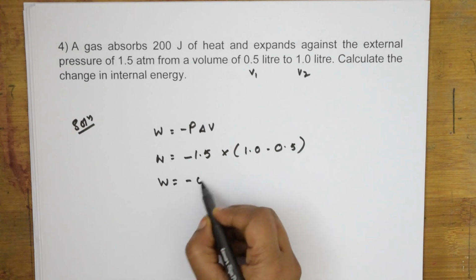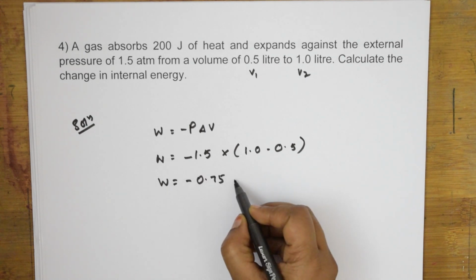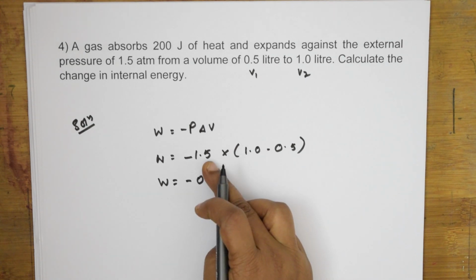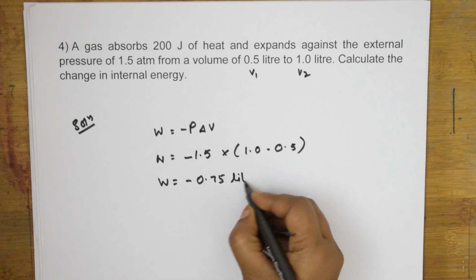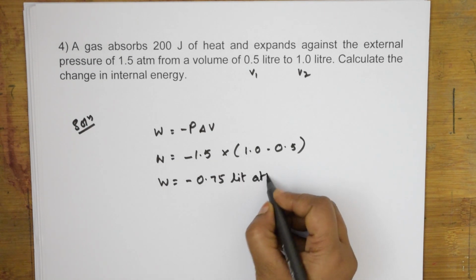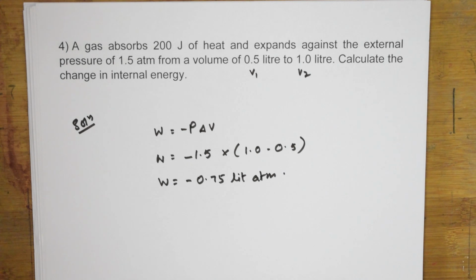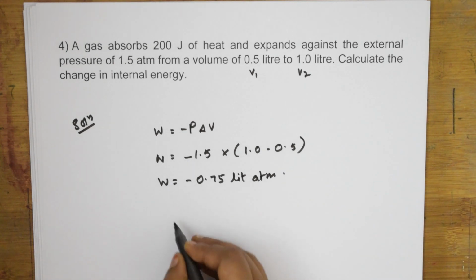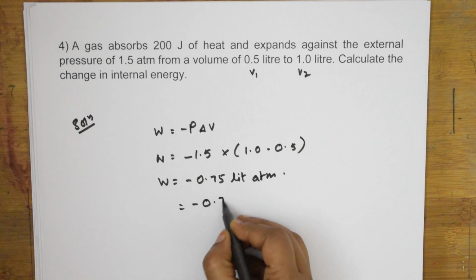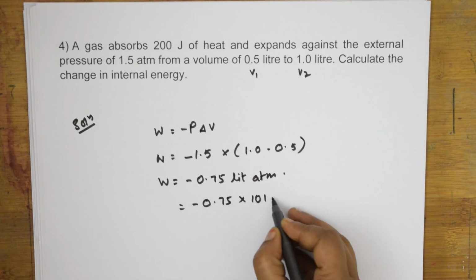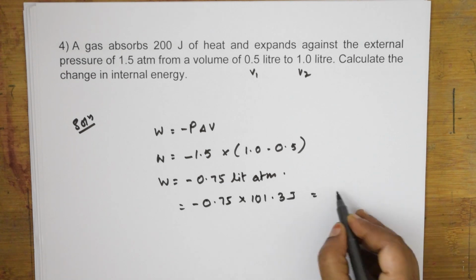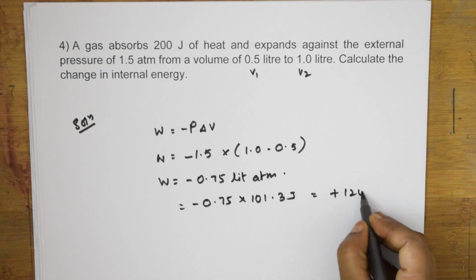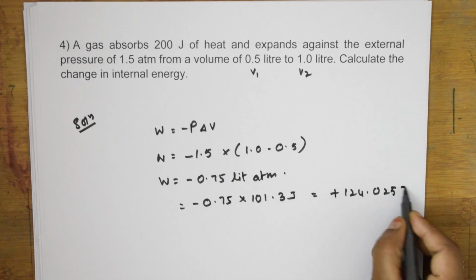I get minus 0.75. What is the unit? This is atmosphere and this is liter, so it is liter atmosphere. To convert this into joules, we multiply minus 0.75 into 101.3 joules. Then you get the answer.